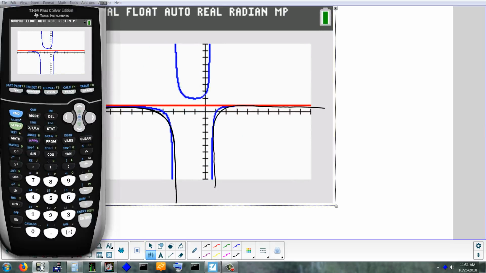I can double check it just by going to the table. Let's plug in 3 and see if the blue number, yeah, it looks like they're equal, but the blue number is still smaller than the red. If you go to 5, it looks like they're the same. But I'm guessing what's happening is we're running out of decimal places, so they get very close very quickly. But the blue one is always less than the red one, even though it's going to round it off and say it's not.